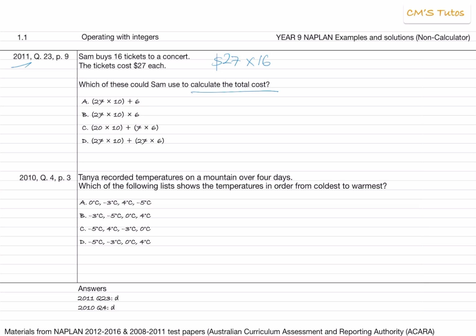Now, these expressions are telling me we need to find the total cost. Again, the long multiplication. Well, it's pretty simple actually. We're going to multiply 7, 6, 2, 6, 2, 12, 16.